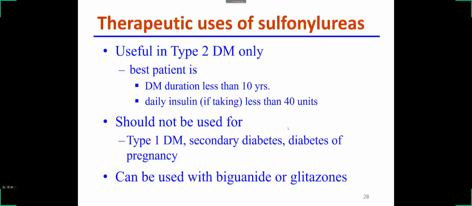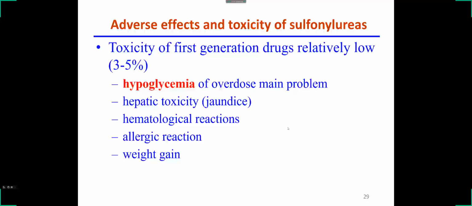They can be used in combination with some of the other drugs that we'll talk about, the biguanides or the glitazones, mainly because they have a different mechanism of action that we will discuss. So, what are the side effects of these compounds? For the first generation, the toxicity was relatively low. That's why, even today, they still do work.